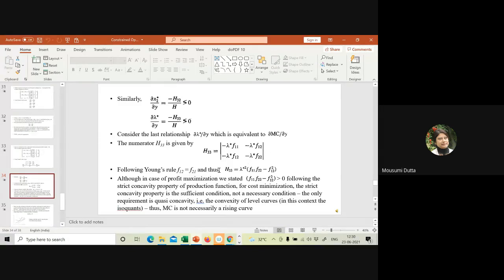So here, change in marginal cost due to change in y can be positive, that can be negative.